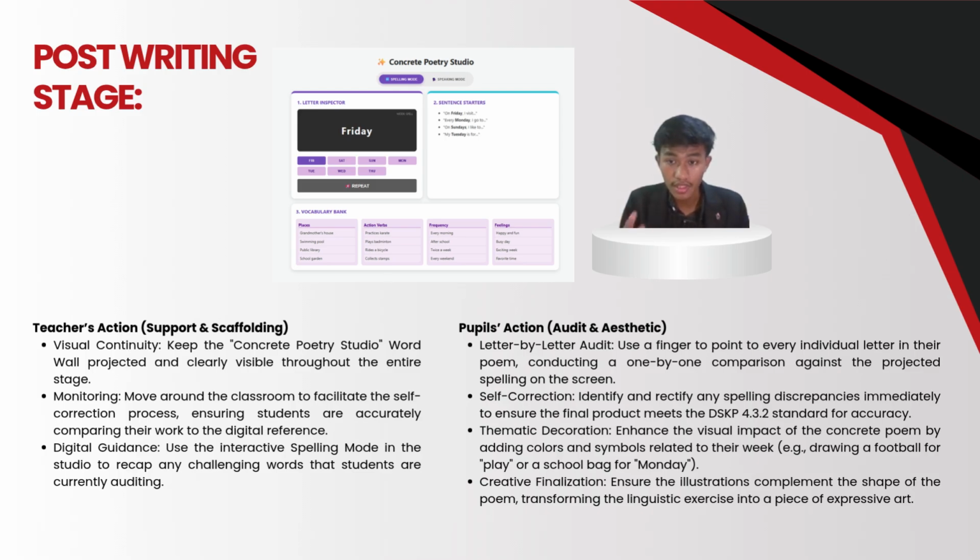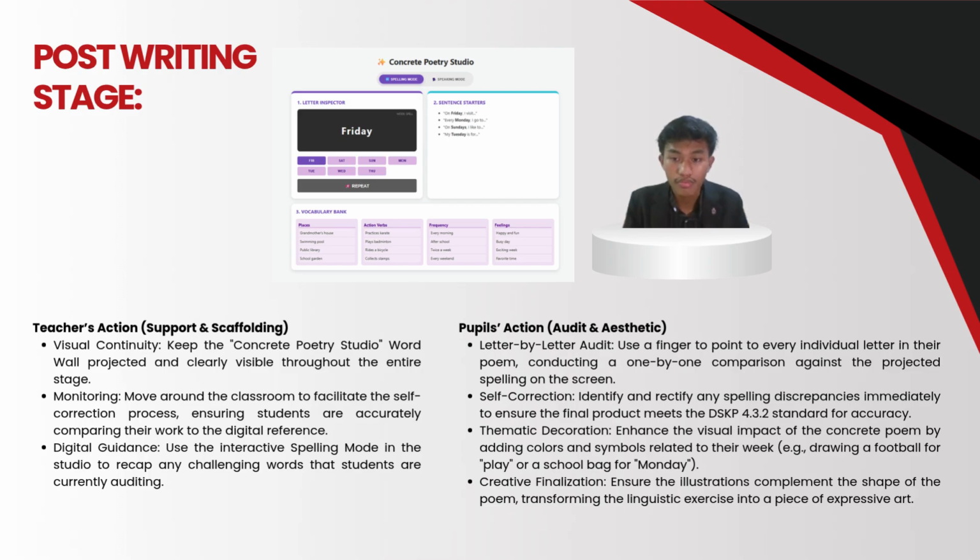So the self-correction: identify and rectify any spelling discrepancies immediately to ensure the final product meets the DSKP 4.3.2, which is the standard for accuracy. So for the thematic decoration, enhance the visual impact of the concrete poem by adding colors and symbols related to their week.